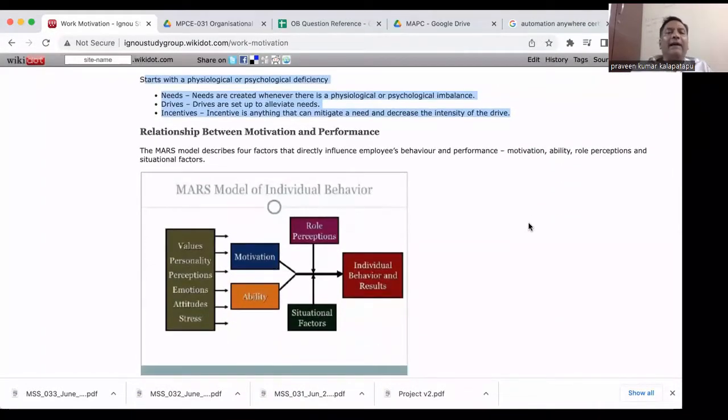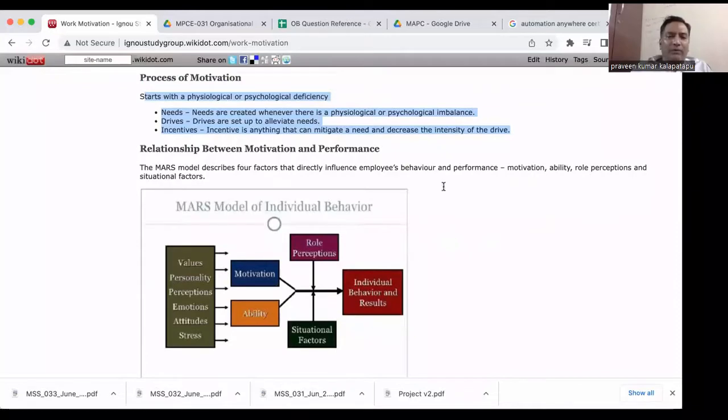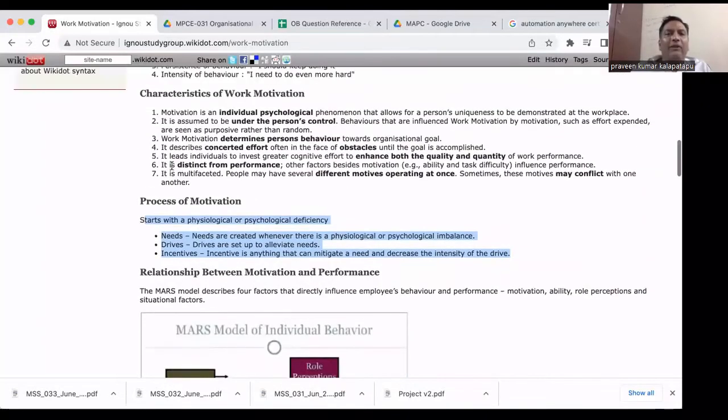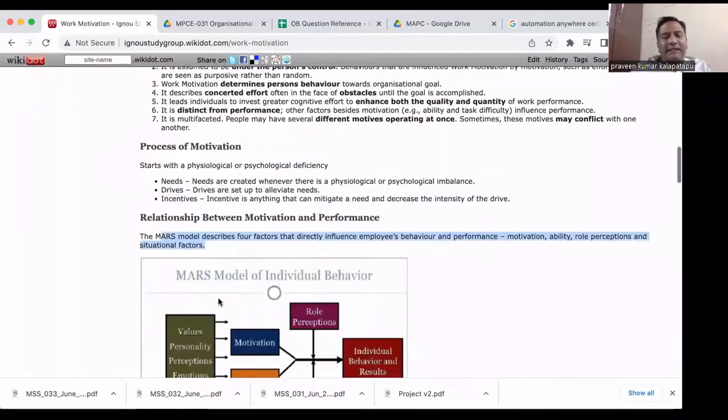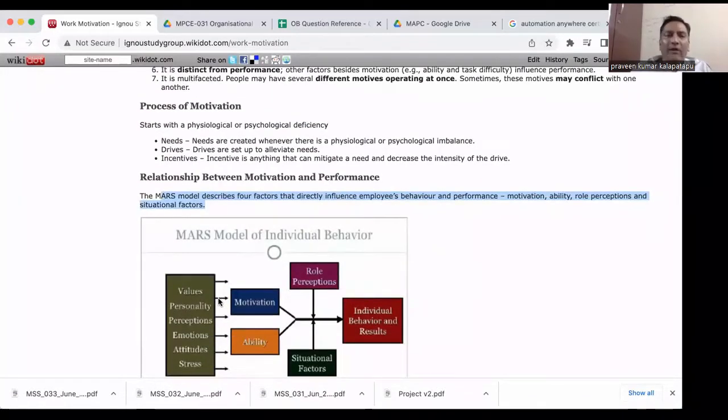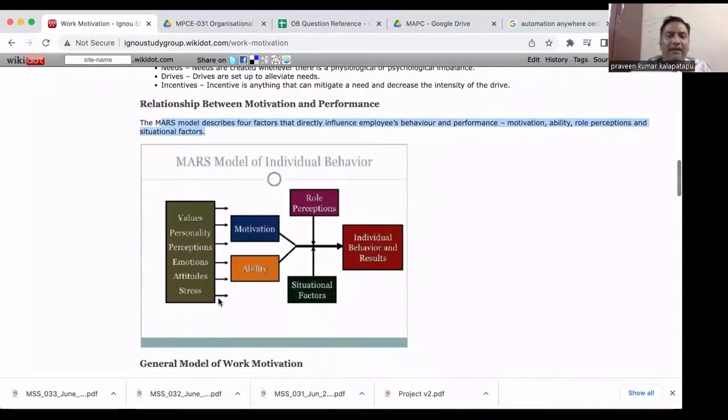Now, we briefly talked about performance here. It's the same aspect which is explained using a model called the MARS model. We talked about how performance and motivation are different. So how exactly are performance and motivation related? That is what the MARS model is all about.